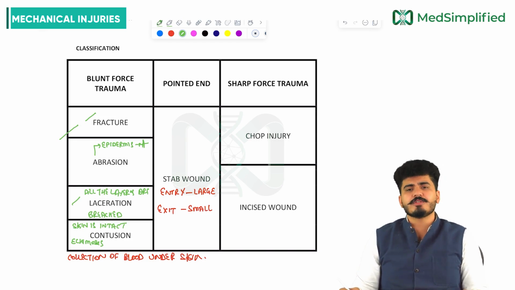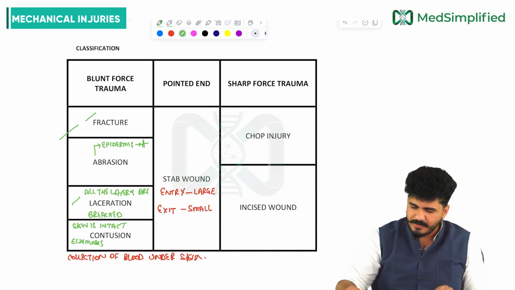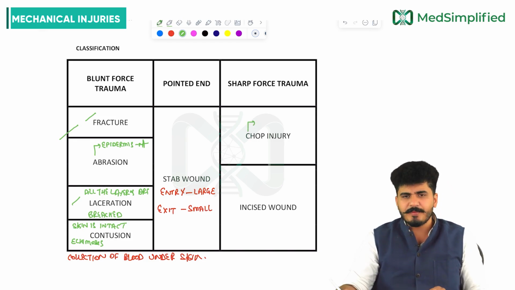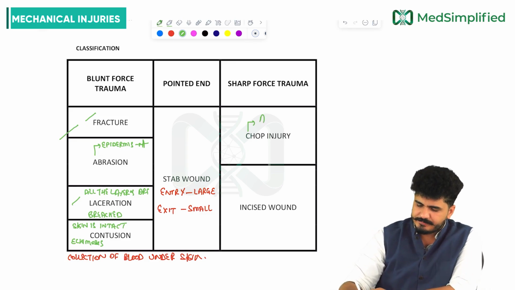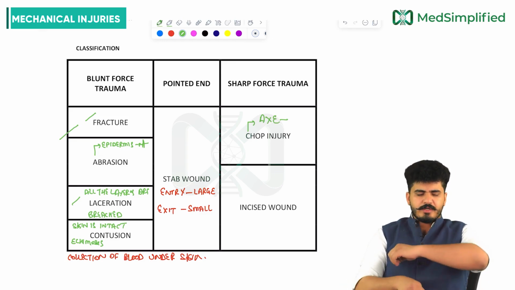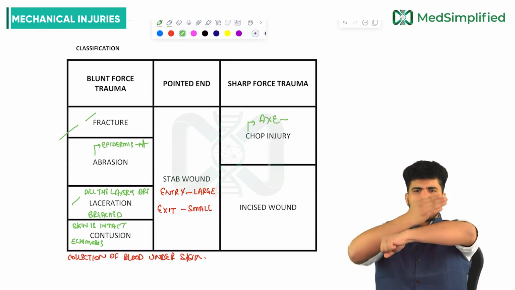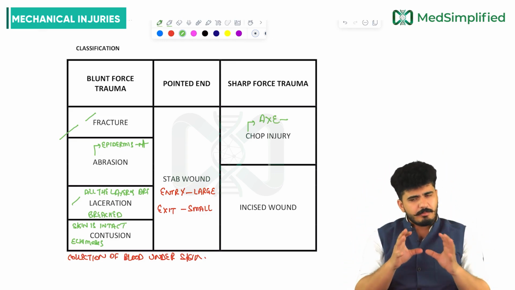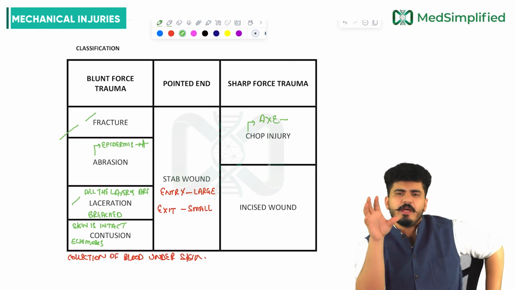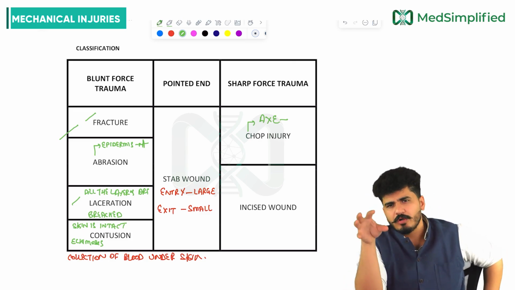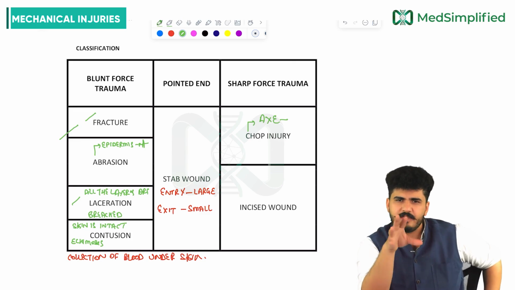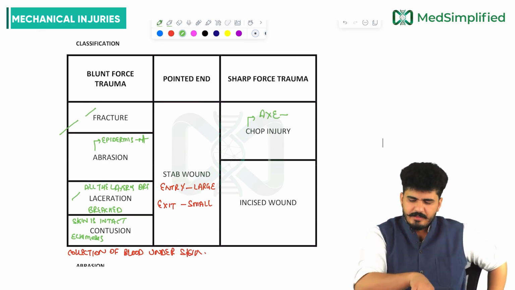Then sharp force trauma, if we talk about, there will be a chop injury, and a chop injury is done by an axe. The axe will cut the skin, and along with the skin, it will cut the bone also. If along with the skin your bone is also gone, that type of injury is called a chop injury.